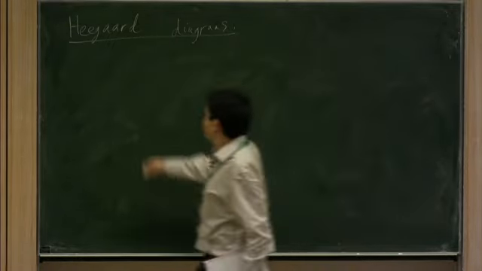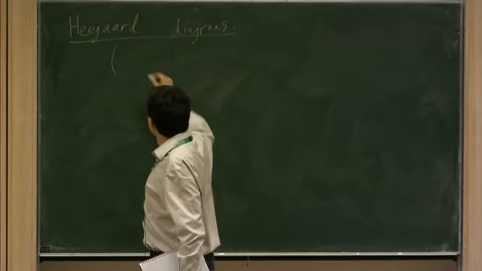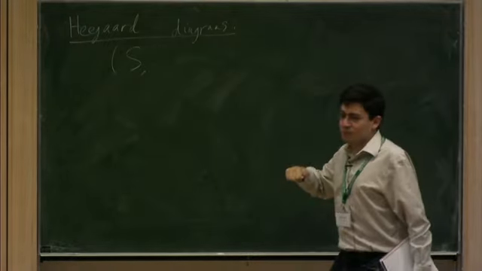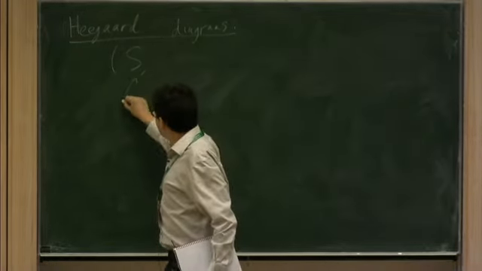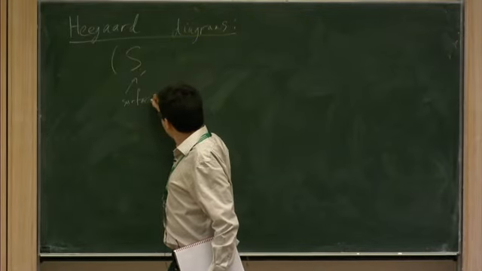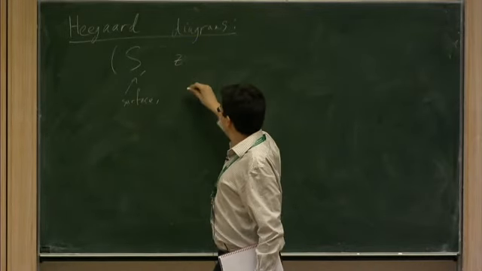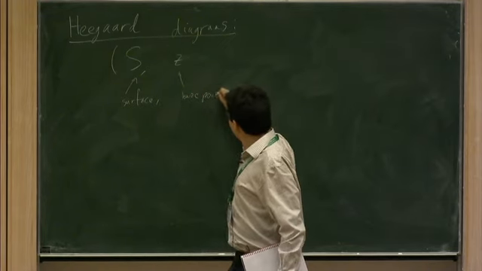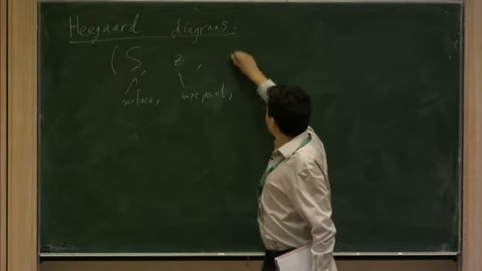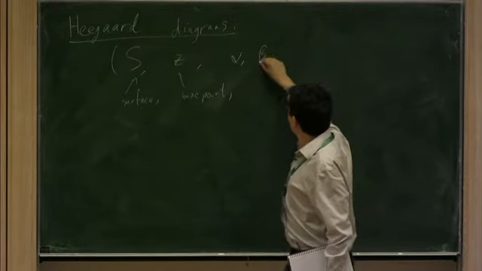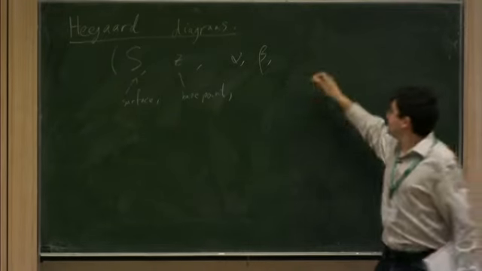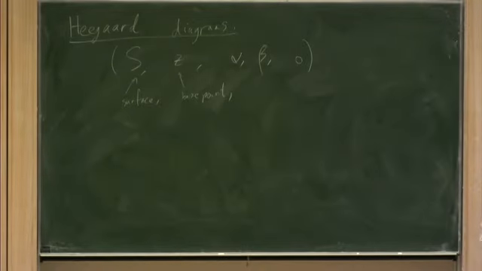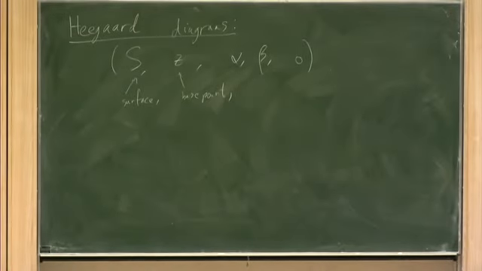So what is a Heegaard diagram? Well, it's a surface, and a base point Z. And now I'm going to have two sets of curves, alpha and beta, and then everything should be oriented. And conveniently, it spells Szabó.